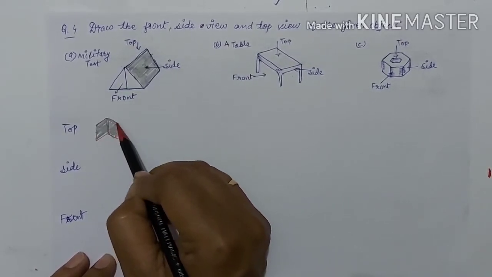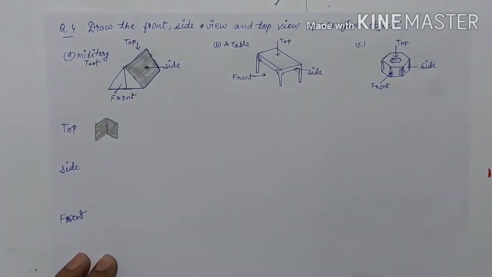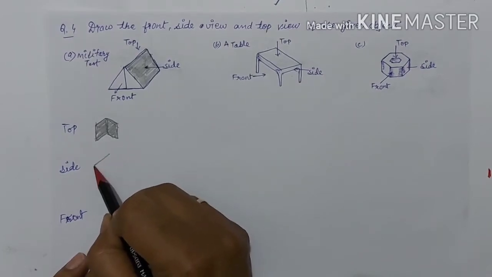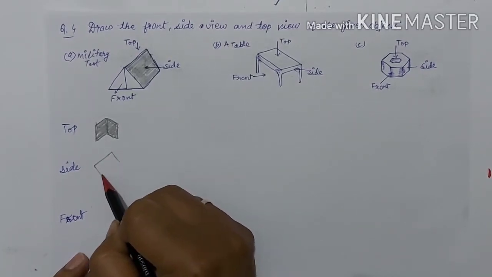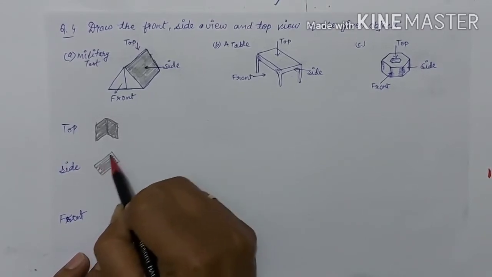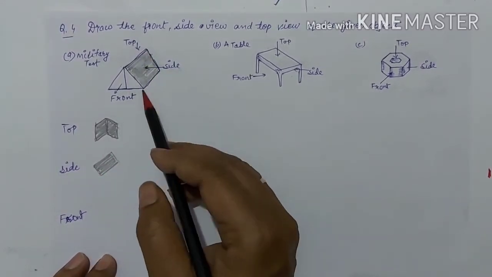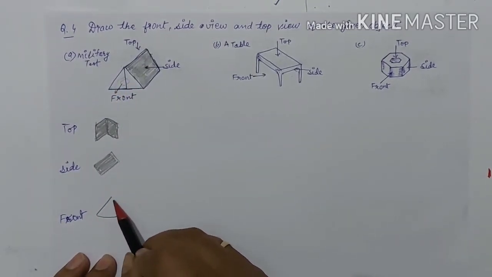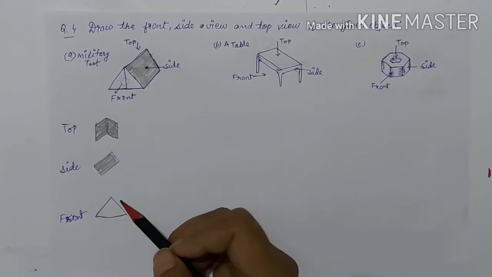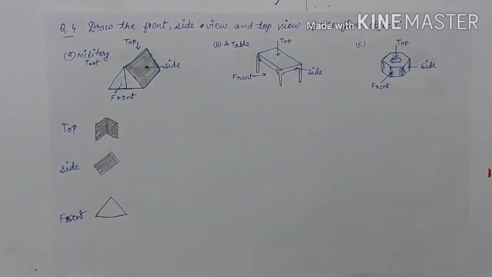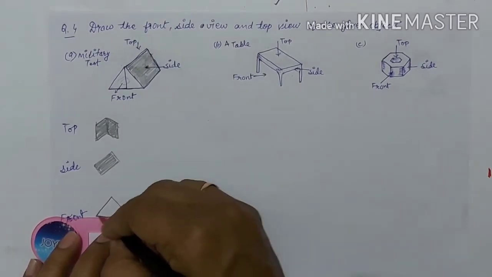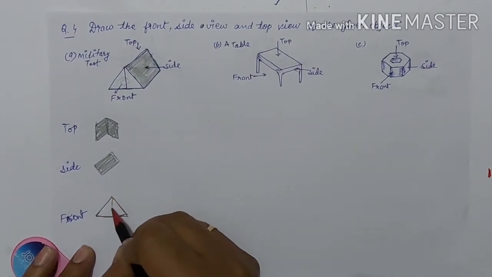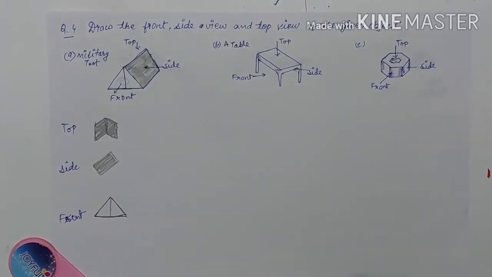For the side view, because this is the shape of a rectangle. And front, we will see this type of front. Now draw with the ruler, do not draw only lightly. This is the top view.